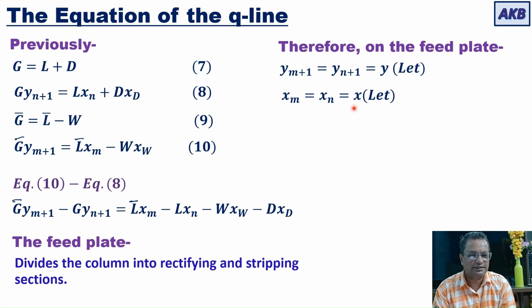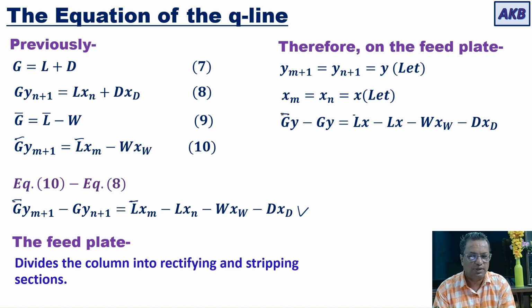We are going to assume it as x, the mole fraction of the more volatile component on the feed plate. So next we will be replacing Ym plus 1 and Yn plus 1 with simply y, and Xm and Xn with x, since we are on the same plate now, the feed plate.